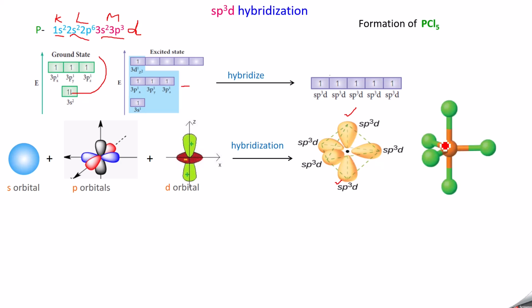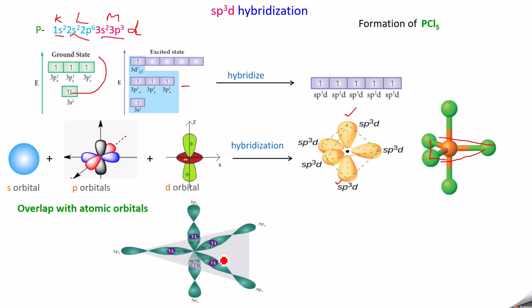So you can have it like this. This is one triangle you have. And this sp3d hybrid and this sp3d hybrid are perpendicular to each other. In this way they will orient. Then these sp3d hybrid orbitals overlap with the pz orbital of chlorine to form a sigma bond.